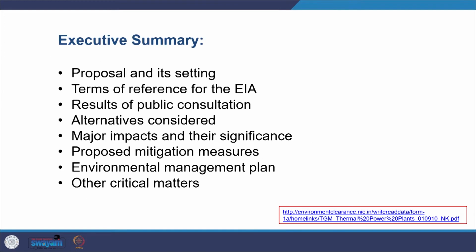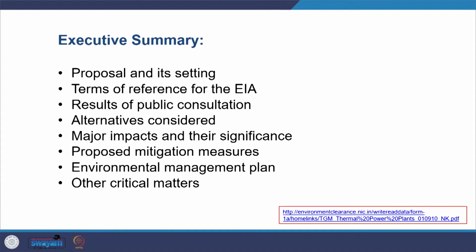So looking at the executive summary, it should describe the proposal and its setting in a very brief manner. Terms of reference becomes very key here, because that's the line in which you need to work, and that is what is desired as the output from your EIA report.